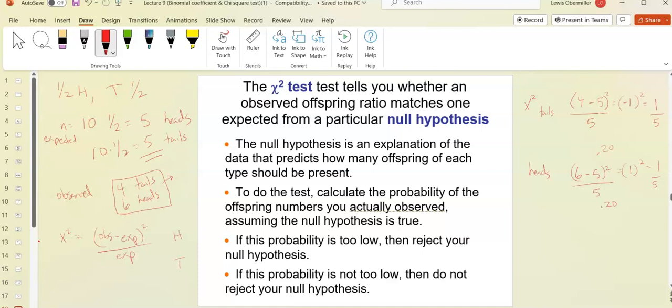And then we add the values together. So this would be 1/5 plus 1/5, which is 2/5, or 0.2 plus 0.2, which is 0.4. All right, so this is our total chi-square value for this outcome, right? Now, what we're trying to figure out is the area under a curve.